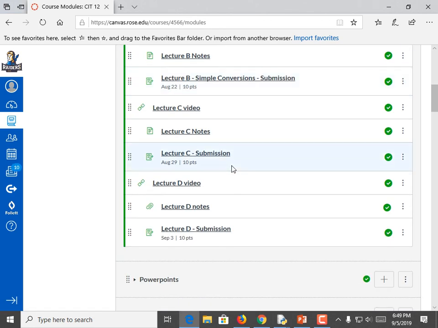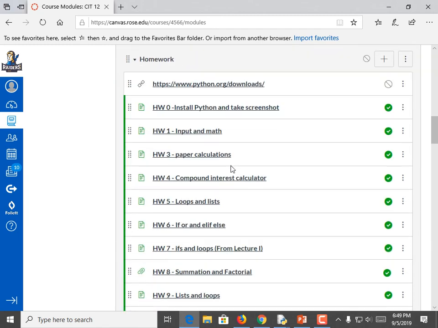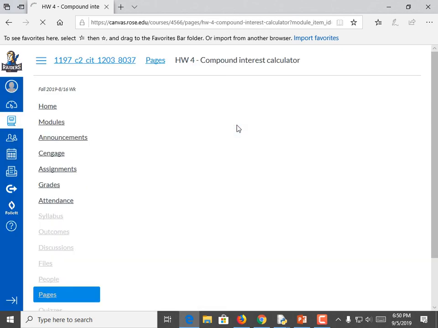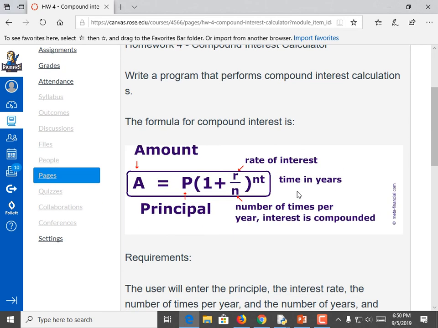Simple conversions. Compound interest calculator. Maybe we'll do that one. Maybe I'll just delete what I told you and then assign this one instead.